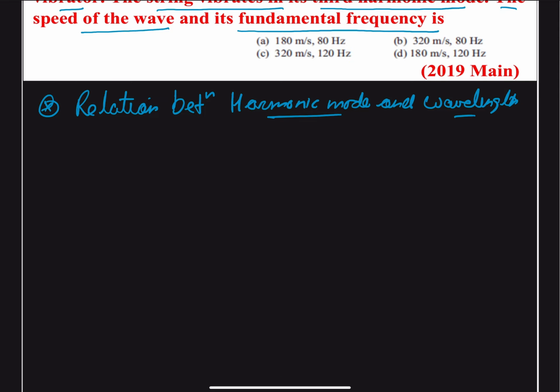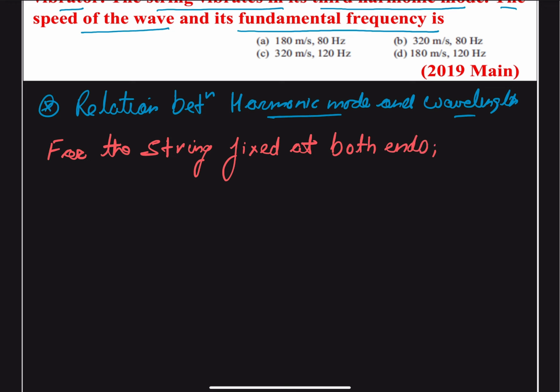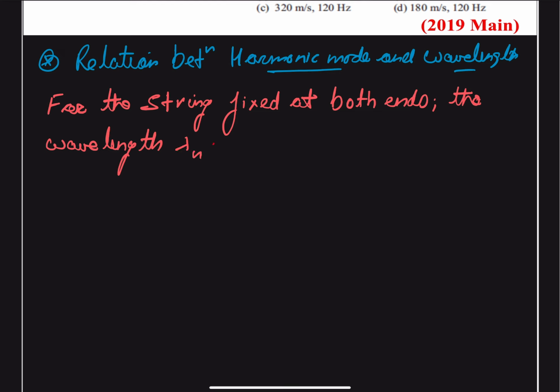So for the string which is fixed at both ends, suppose the wavelength is given as lambda n, and n is for the nth harmonic.